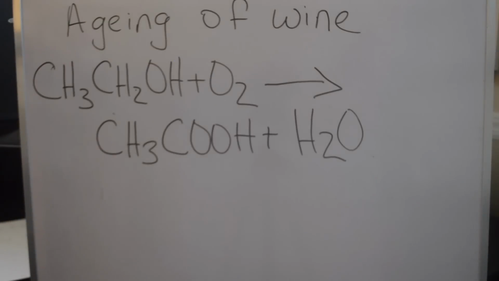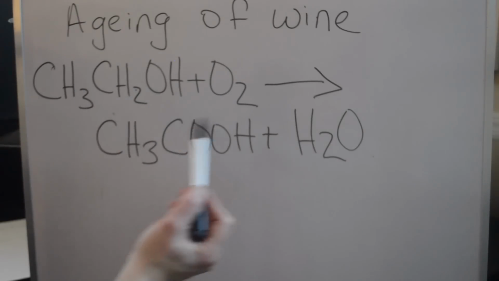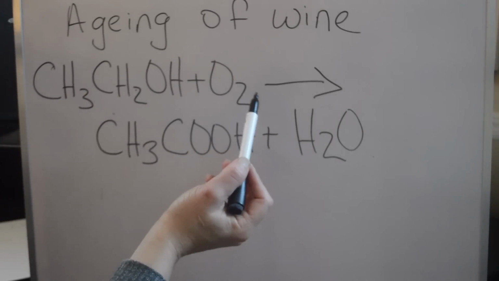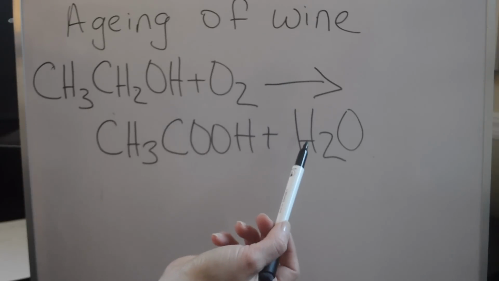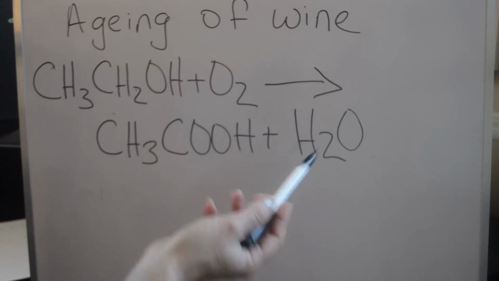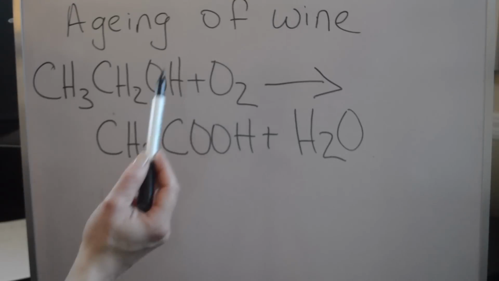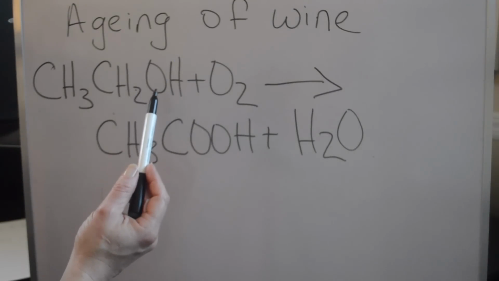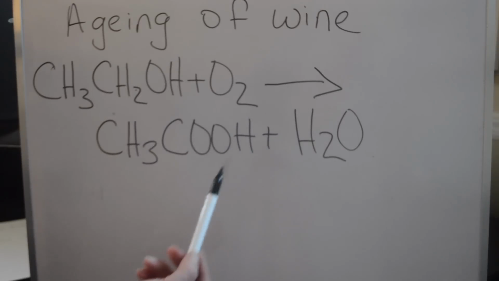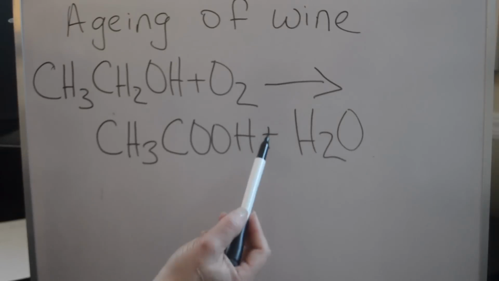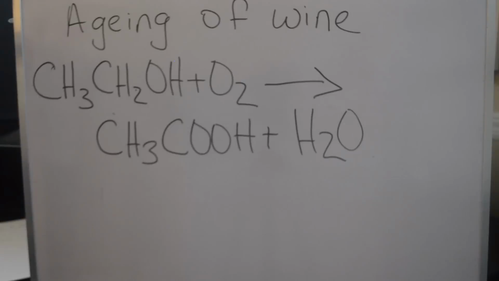Okay. So this is the oxidation of alcohol. As time passes, wine becomes sour with exposure to air. So the alcohol in wine is converted to acetic acid, as we see here.